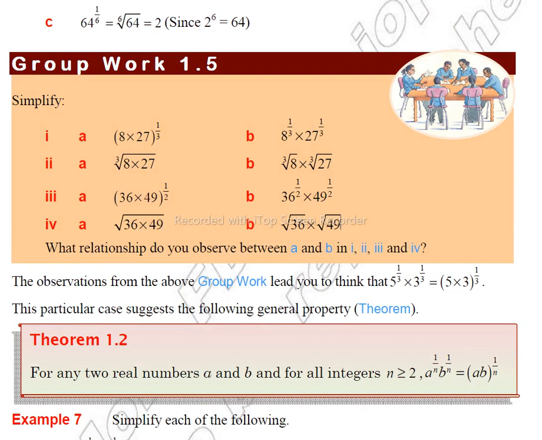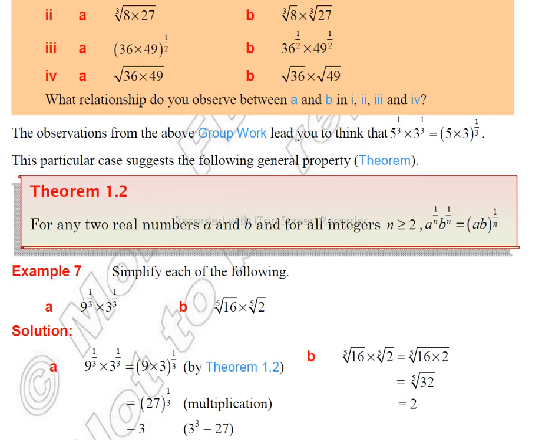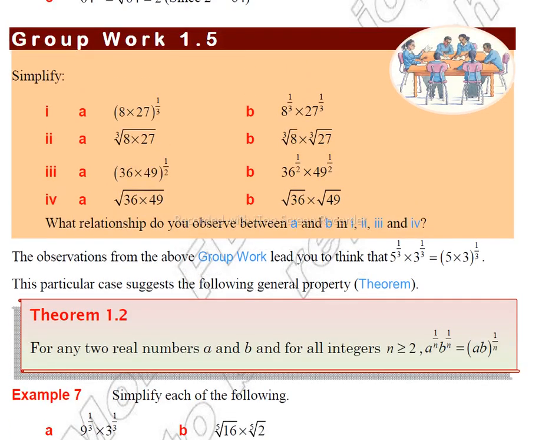In the last exercise, what is the relation do you observe between A and B? This we already did with all the above formulas and the theorem. Let us see this theorem. We observe from this activity or this group work.